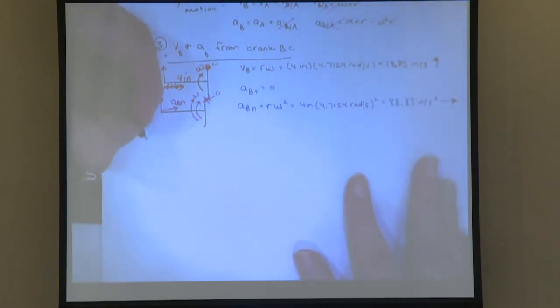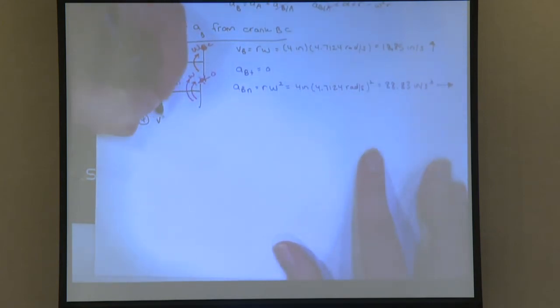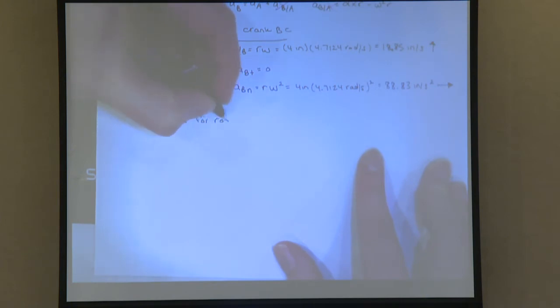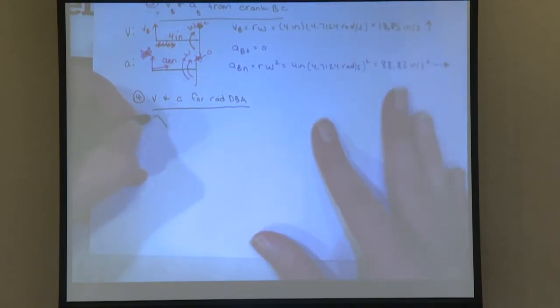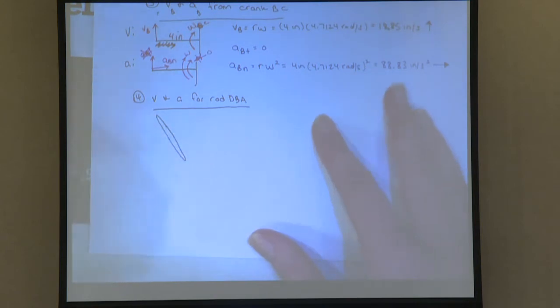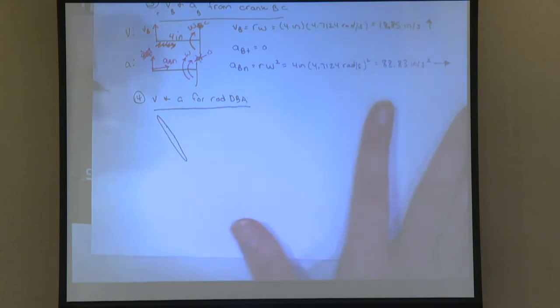So number 4, we're going to look at velocity and acceleration for rod DBA. So I'm going to draw my little diagrams again. Let's do the velocity one first.